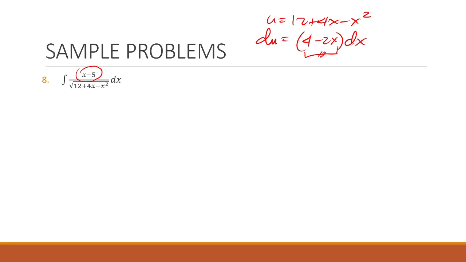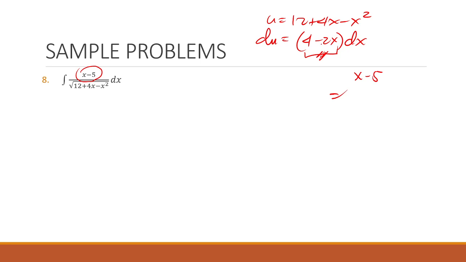So what we do is isolate x minus 5. Our goal, class, is to convert or manipulate x minus 5 into its equivalent expression that contains 4 minus 2x. So, we already have an x, but we need negative 2x.